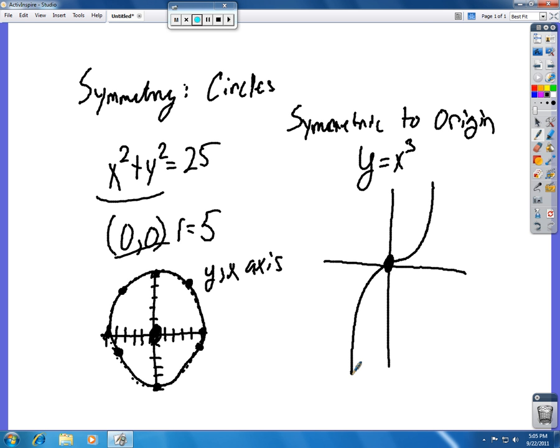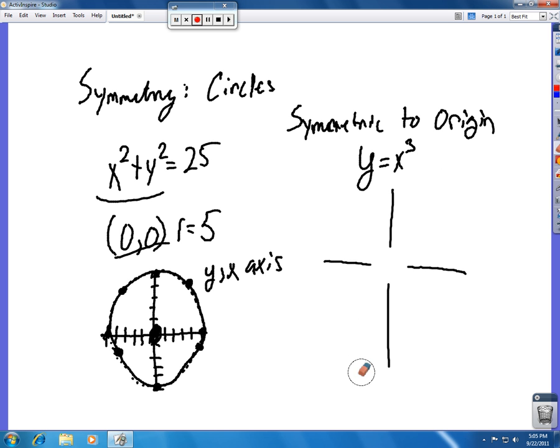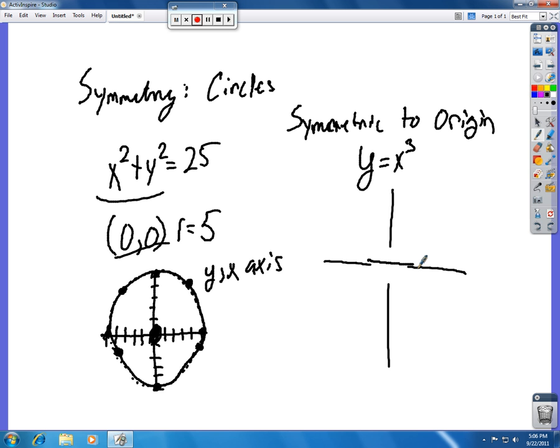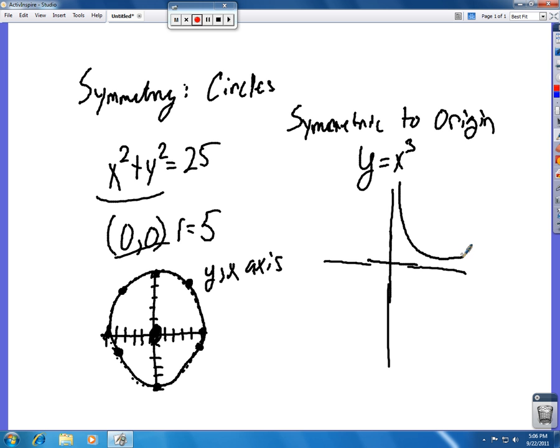Trying to think of another example. How about something like this? So what if we had something like that, just like in your book?